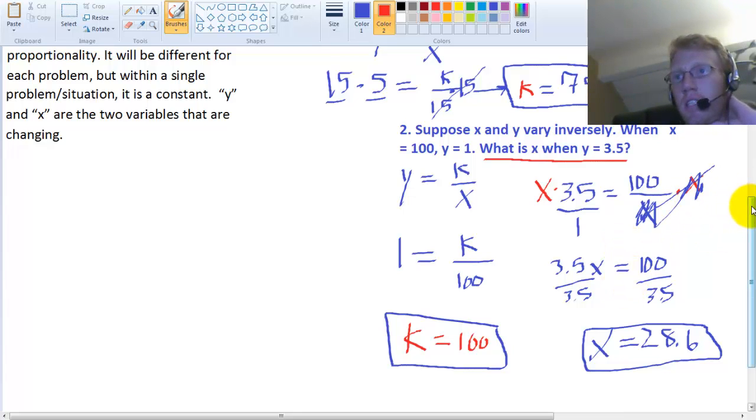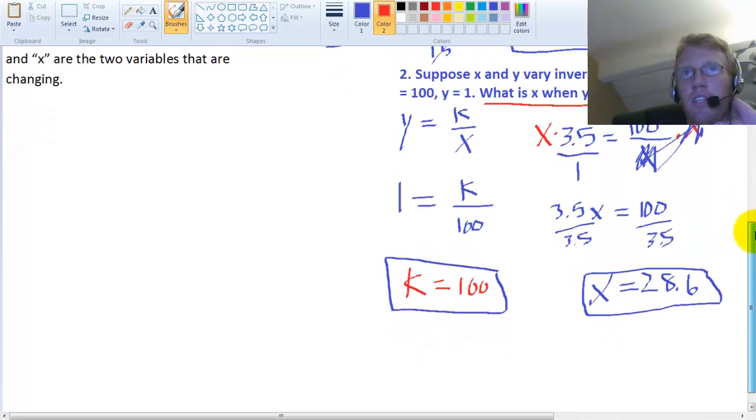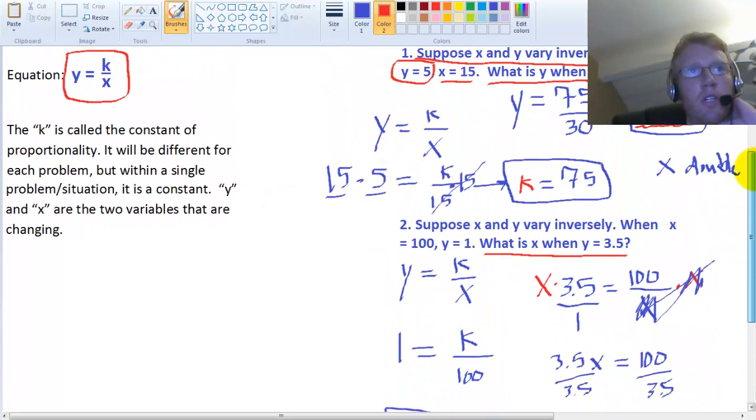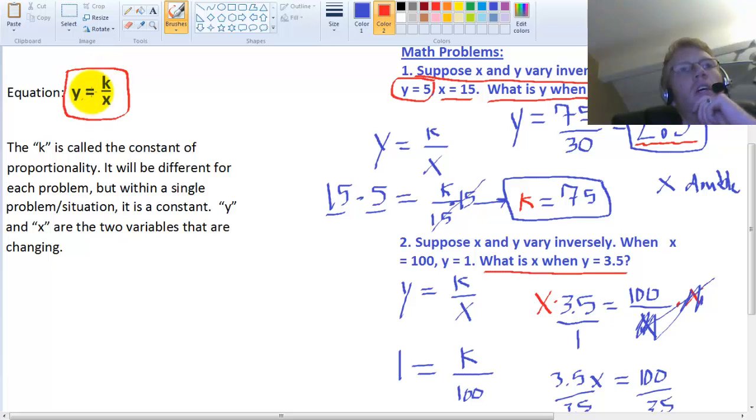Okay? And our last thing, just like with direct variation, is the alternate formulation for it. So let me show here. We have this equation, y equals k divided by x.